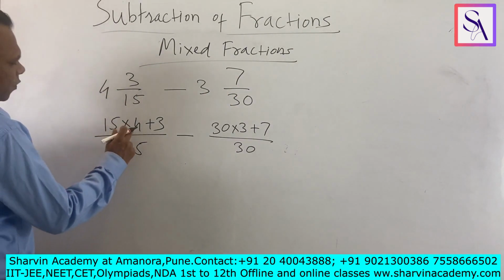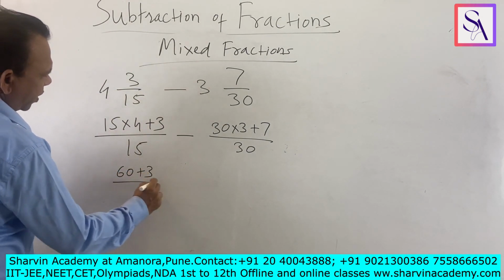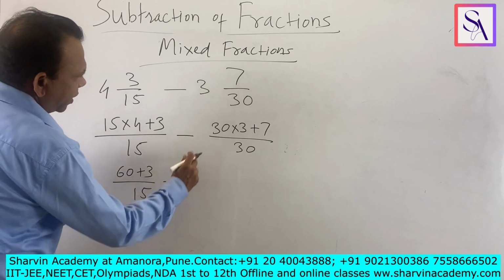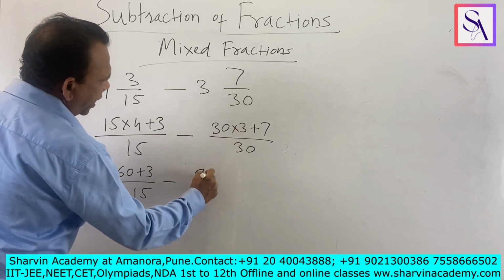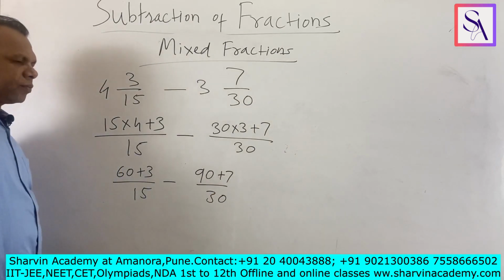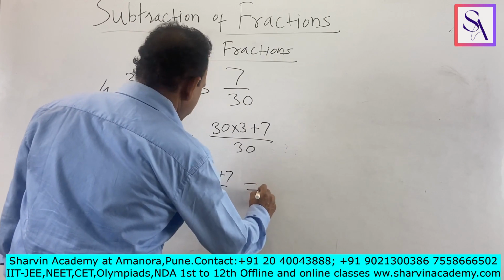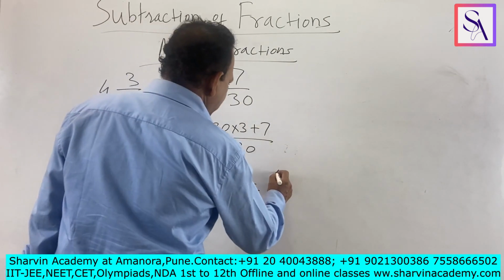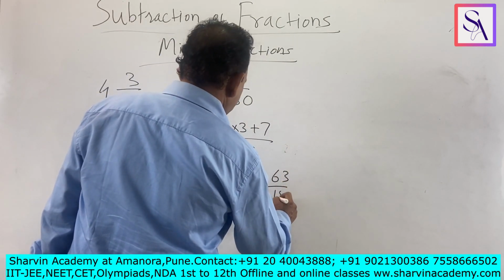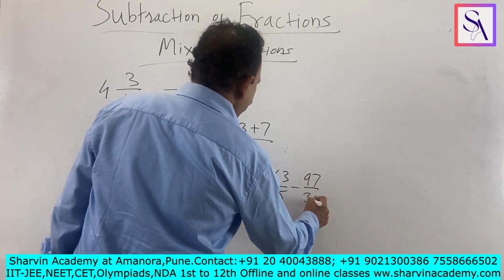So 15 into 4, 60 plus 3 by 15 minus 30 into 3, 90 plus 7 by 30. So how much? 60 plus 3, 63 by 15 minus 97 by 30.